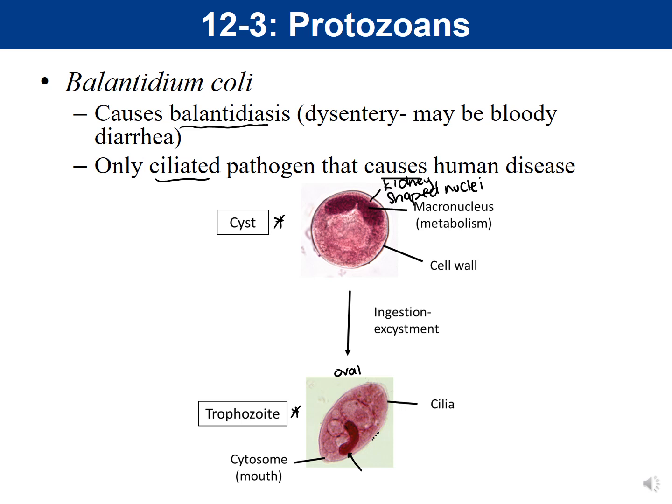Now, in terms of mode of transmission, based on what we've learned so far, would you guess that the cyst or the troph is the infectious stage? And so it's going to be the cyst. The cyst is infectious. And the way that this is transmitted, again, is fecal-oral transmission.